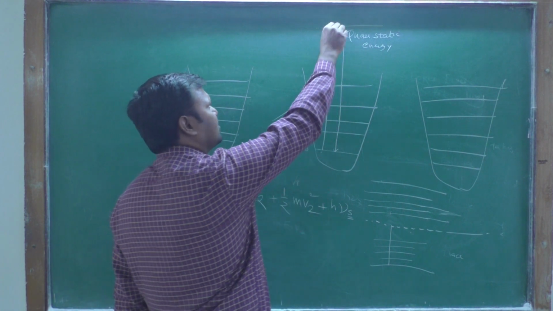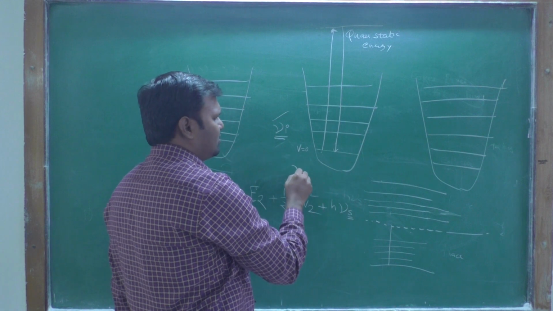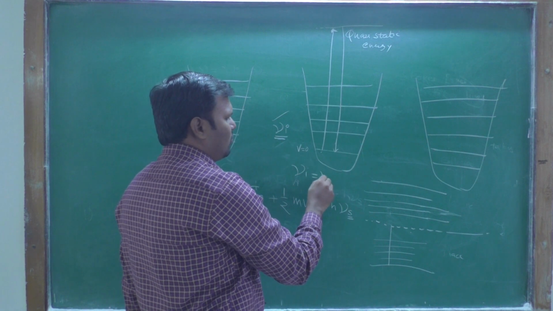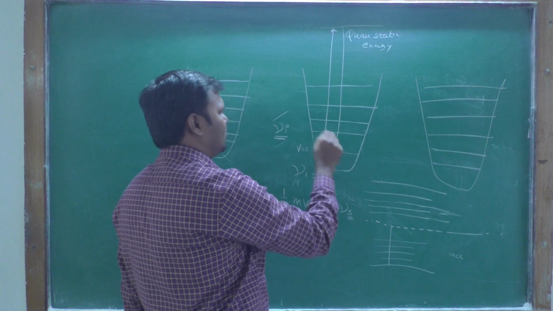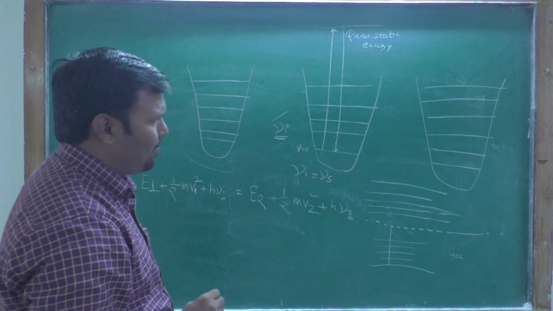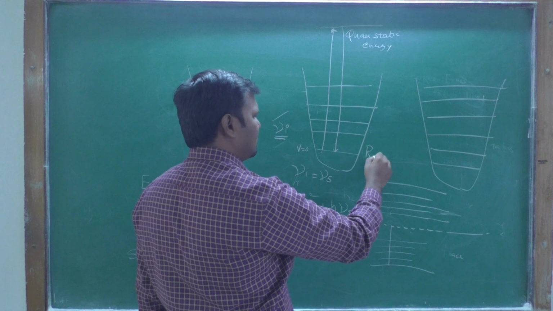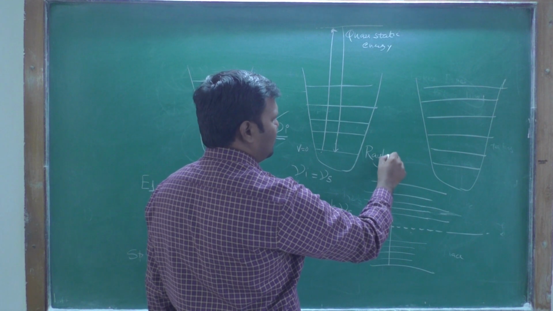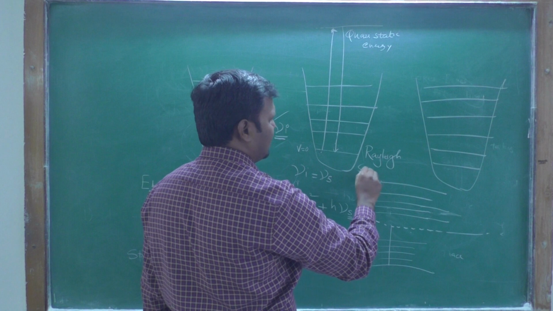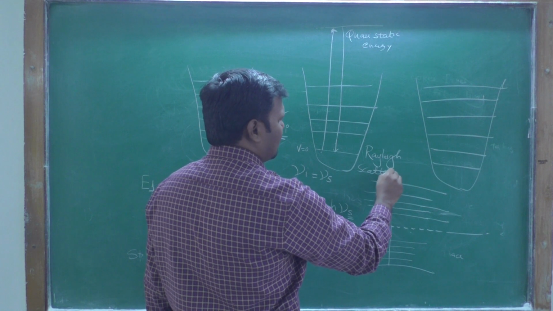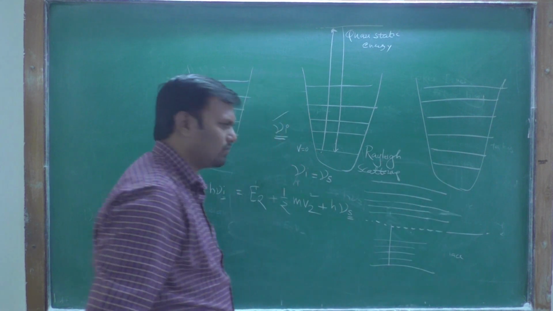That difference is the same, therefore mu I is equal to mu s. The scattering frequency is the same as the incident frequency. That type of scattering we have discussed is called Rayleigh scattering.